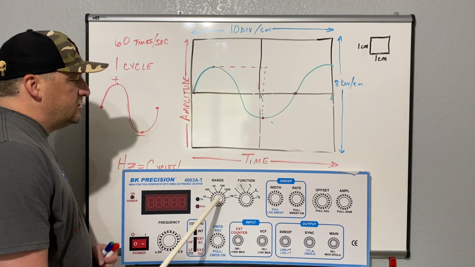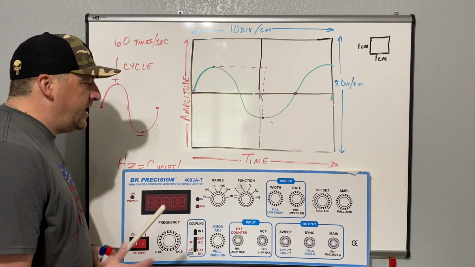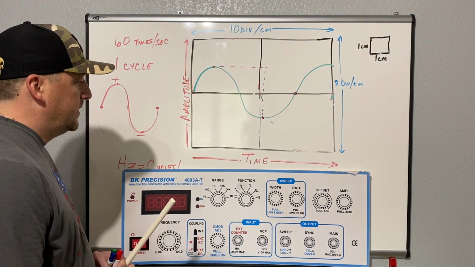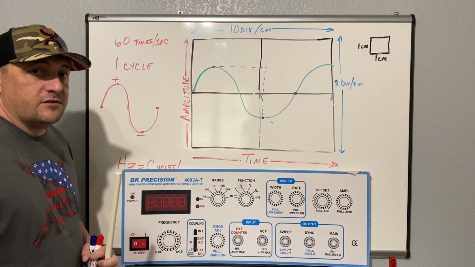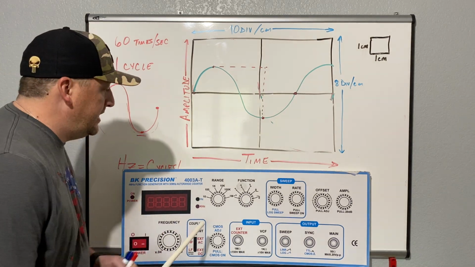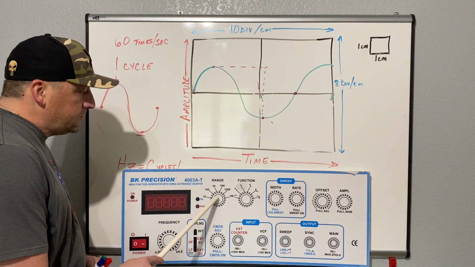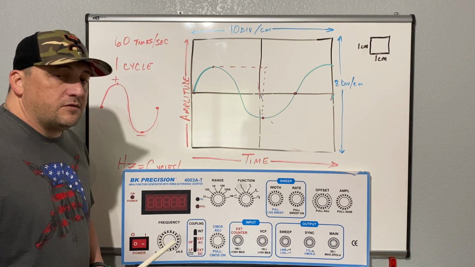This is the range. So if we're wanting to look at a signal that is 3 kilohertz, so 3,000 cycles per second, what we would do is adjust that to the 10 kilohertz range.